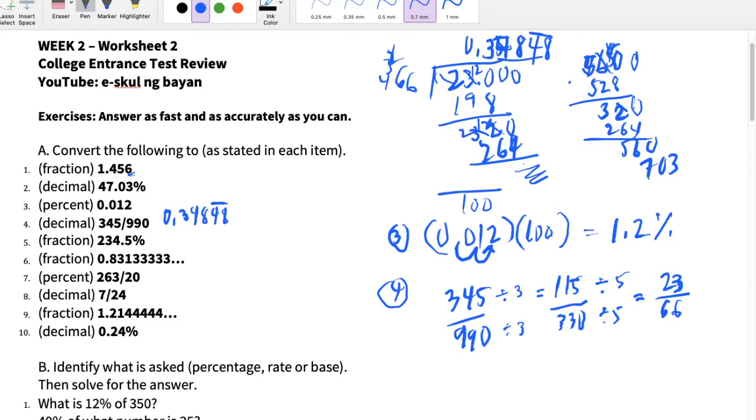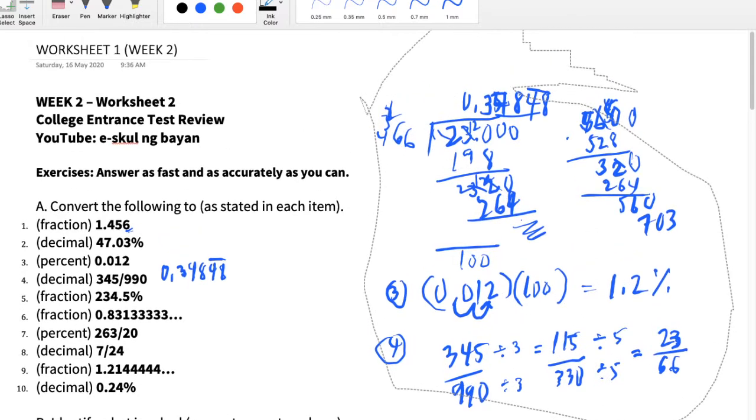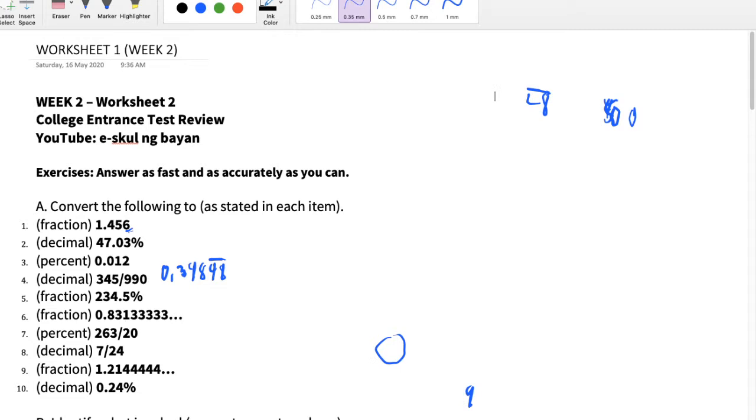Convert number 5 to fraction form. To do that, again, titingnan natin yung decimal yung last digit natin. Okay? Our last digit here would be etong 5. Ano yung place niya? It's in tenths place. Okay?